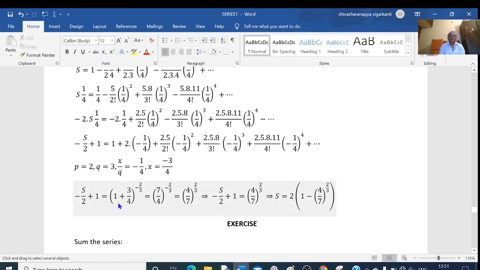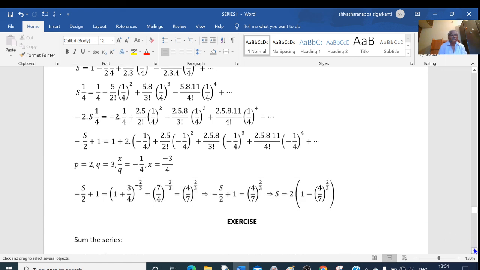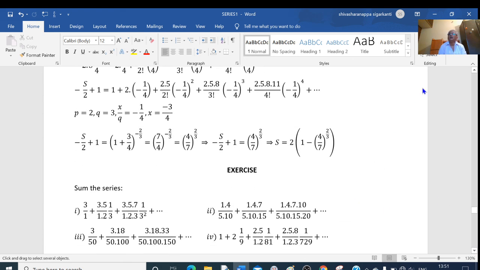This is minus s by 2 plus 1, or if I take s by 2 onto this side, then we can write this as s by 2 equal to 1 minus 4 by 7 to the power of 2 by 3, or s is equal to 2 times 1 minus 4 by 7 to the power of 2 by 3. Okay, thank you. I will stop here.